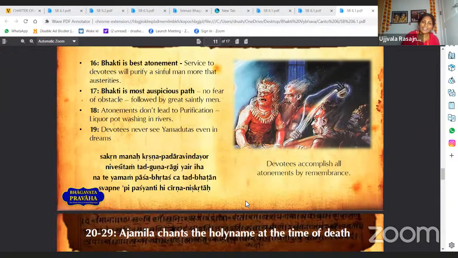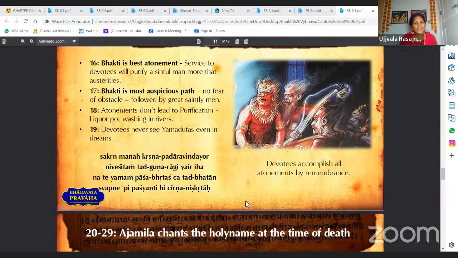Niveshitam tad guna raga eriha. Niveshitam, completely taken shelter. Tad guna ragi. Ragi, attachment. To what? Guna. The guna of Bhagavan. That is bhakti. This is the Bhagavatam definition of bhakti. Manah Krishna Padara Vindayor Niveshitam tad guna ragi eriha.